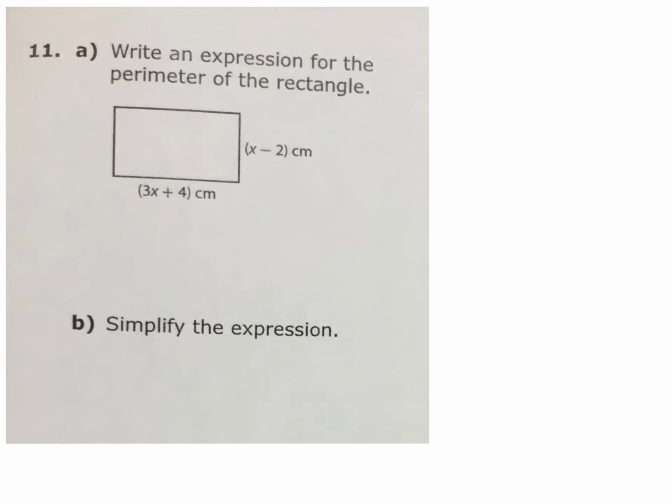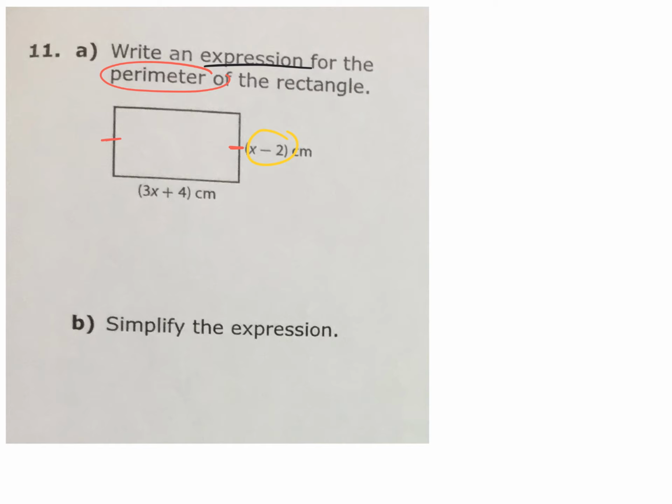It says write an expression to show the perimeter of the rectangle. Perimeter is the total distance out around the outside of a shape. So if I know that this side length is represented by x minus 2, what would this side length be represented by also?